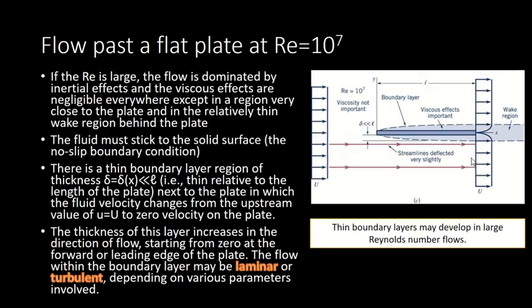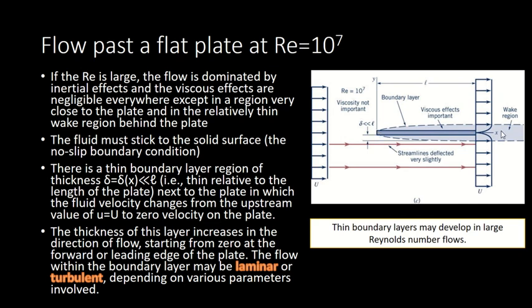Okay, so for a very high Reynolds number, 10 to the power of 7, as you can see, first we can see that there is no more viscous region ahead of this plate. In fact, the viscous region starts somewhere at this location, not at the leading edge of this flat plate.